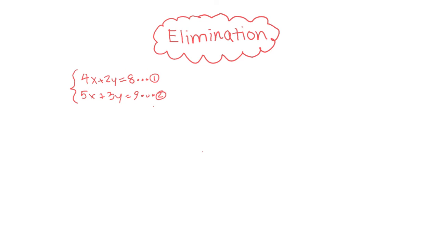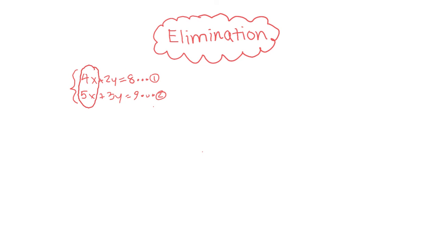Okay, now that we've finished substitution, let's learn about elimination. To do elimination, you need to find the common multiple between two of the variables from different equations. In this case, we're going to work with 4x from the first equation and 5x from the second equation. The common multiple for 4 and 5 is 20.